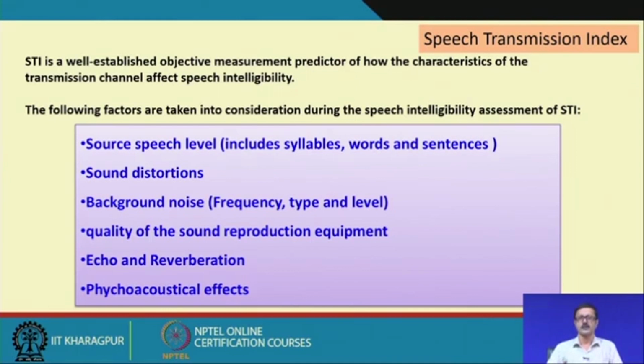Sound distortion if any, background noise if any, and the frequency, type and level of the background noise. The quality of the sound reproduced by the equipment: suppose some speech is reproduced by electroacoustical equipment, what is the quality of that sound.